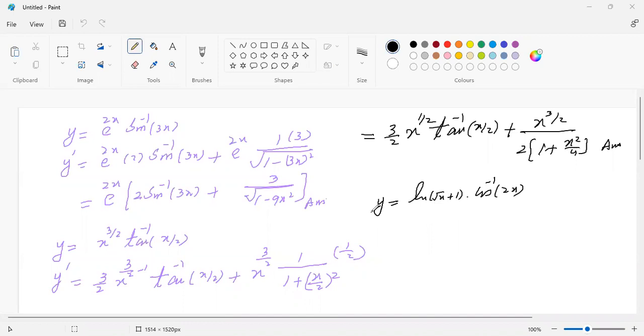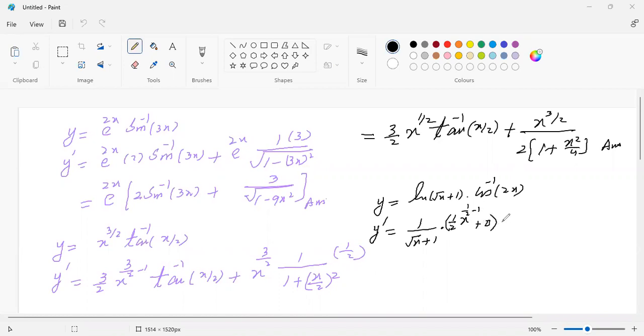We use the product rule once again. The derivative of the logarithm is 1 by the expression, square root of x plus 1, into the derivative of this function, which is 1 by 2 x to the power 1 by 2 minus 1, and the derivative of 1 is 0.